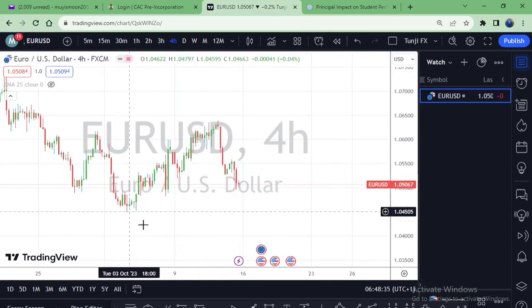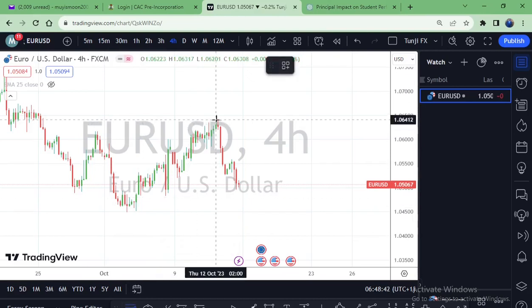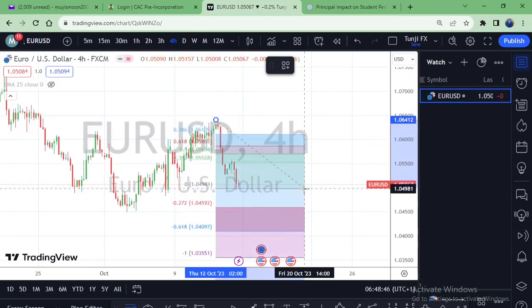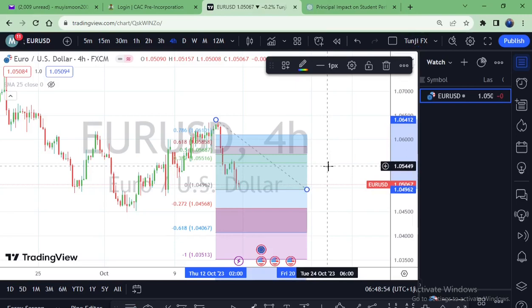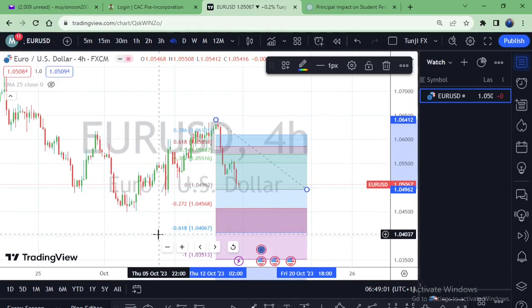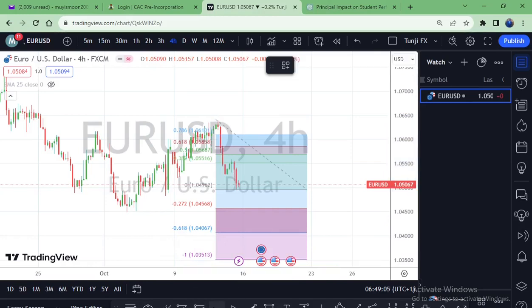Now we look at this using our fibs to the current low. So these are the areas we'll be looking at. We're targeting the 0.382 Fibonacci.